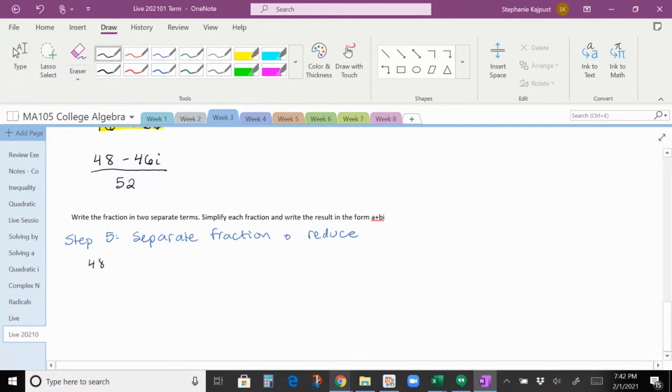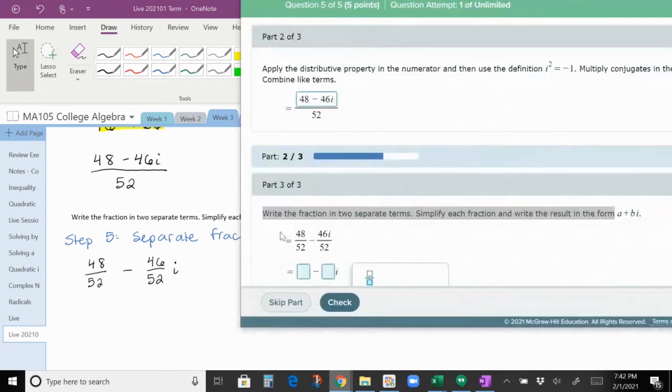This gives us 48 over 52, then our minus sign, and then 46 over 52 i. They put their i on top of the fraction, but I find that harder to read, so I put it to the right here, so it doesn't look lost in there.